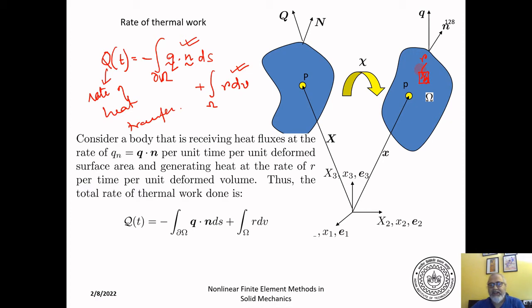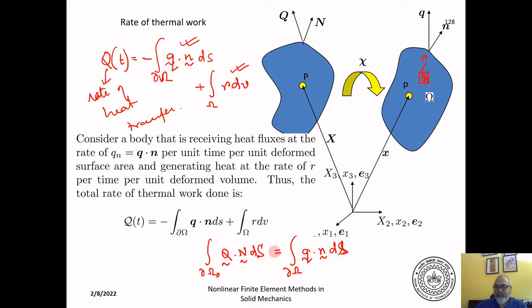We can also write it in the undeformed configuration. Just like we defined the traction and its connection with the undeformed normal, we have to make the assumption, and this is not the only way, but one of the ways, that the total heat flux, capital Q dot N dS, is equal in both the deformed and undeformed configurations.